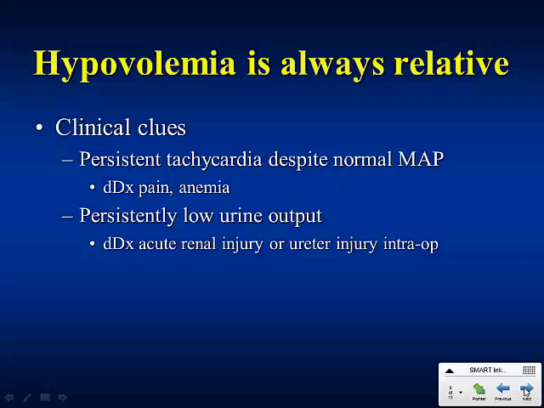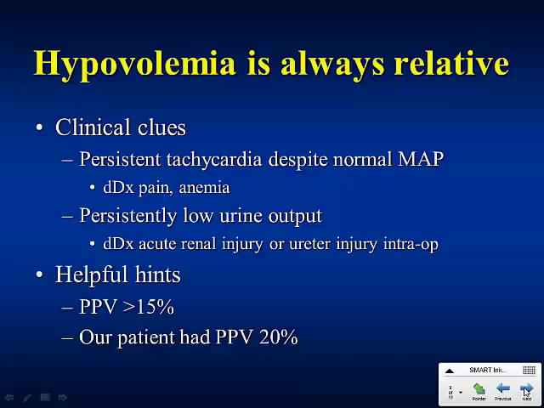You don't know. She could have acute renal injury, but it's kind of hard to buy that. You can't say that just yet. Okay? The helpful hints here are that the pulse pressure variation is greater than 15%, they're volume responsive, and remember our patient was 20. Okay.